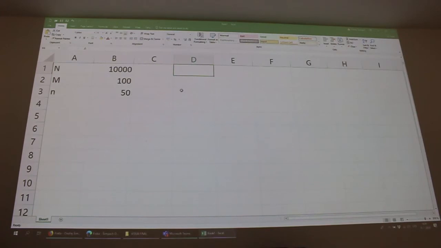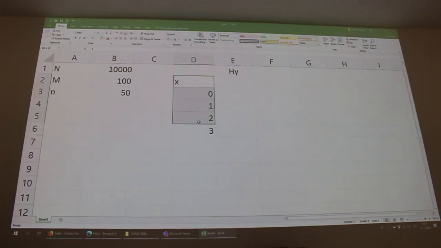I will write here hypergeometric distribution, HY, and there will be random variable x. Random variable x will be here, and we need to calculate value for 0, 1, 2, and 3.